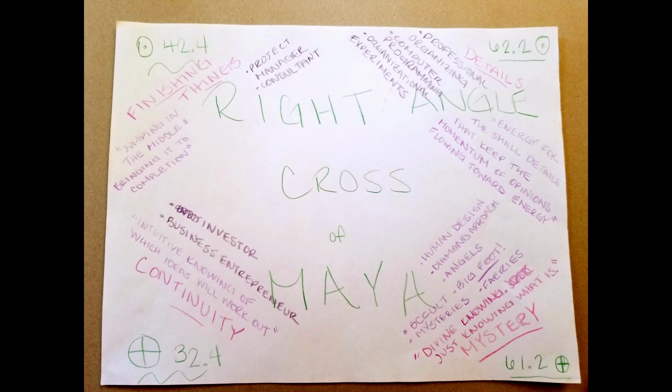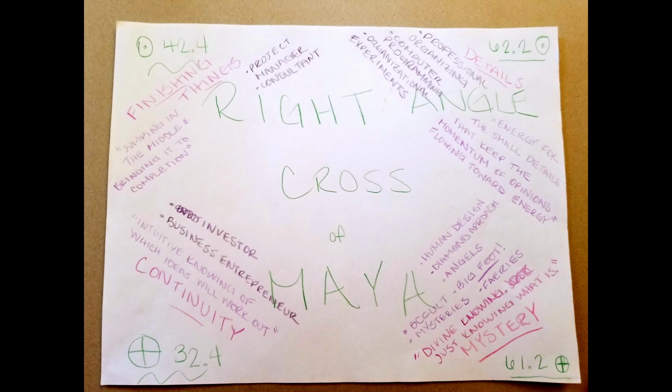On my unconscious side, the unconscious gate 42 is called finishing things, which is interesting because as a manifester, I'm a starter of things. So I have a very unique design in that I am the starter and the initiator of things for the collective. And one of the things that I am attracted to doing most unconsciously is finishing things.